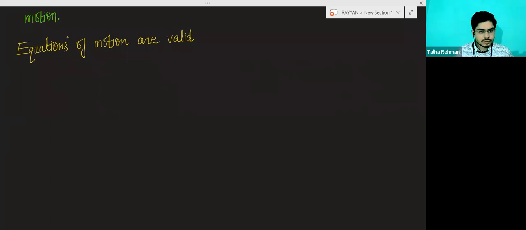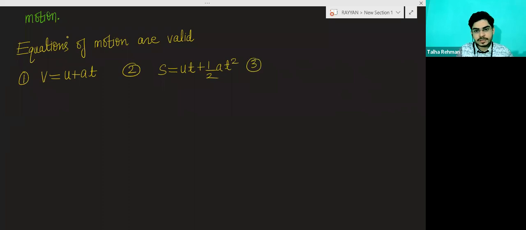First equation of motion: v is equal to u plus a t. Second equation of motion: s is equal to u t plus half a t square. Third equation of motion: v square is equal to u square plus 2 a s.